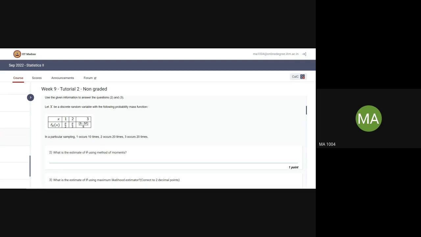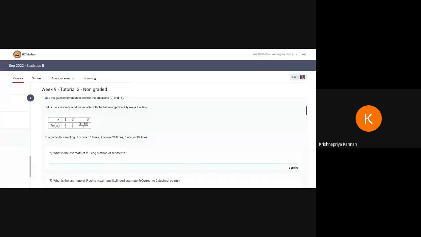And now you equate this expected value of x to m1. Okay, if I use that way, I'm able to understand that. But my only question is, why are we doing it only once?